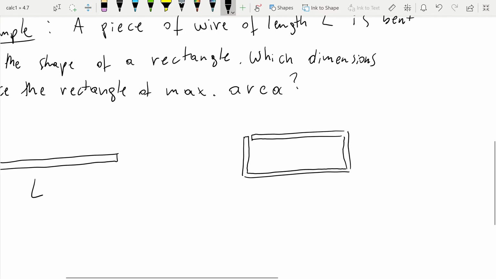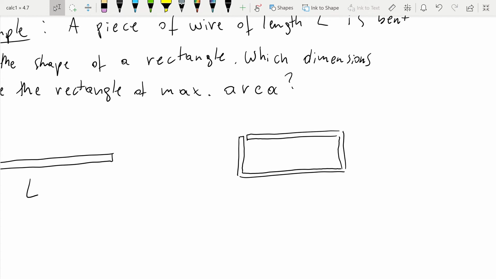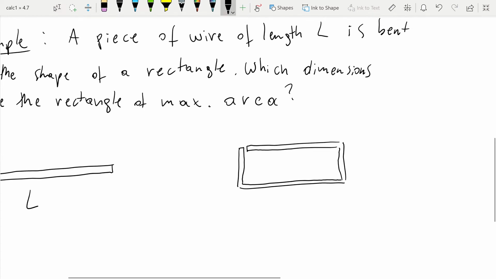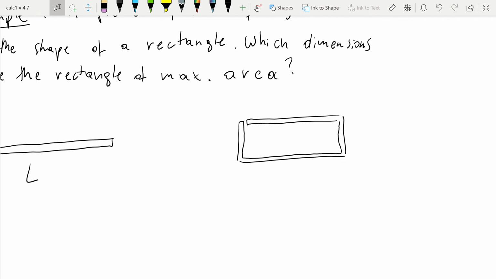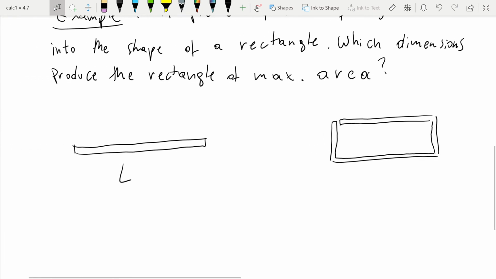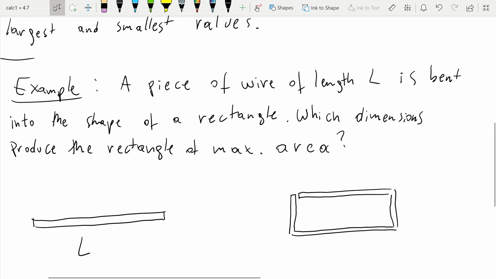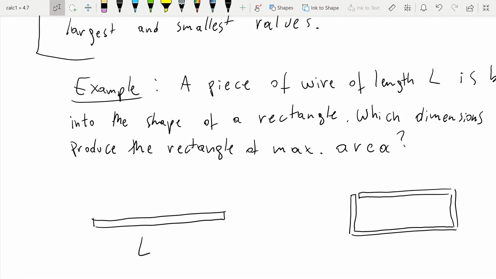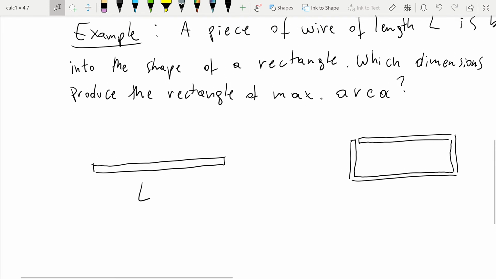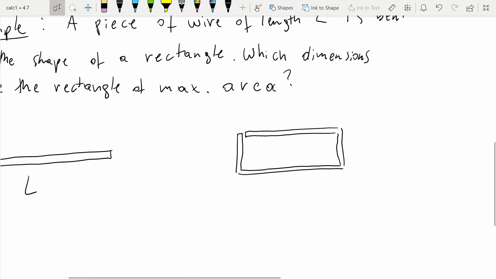So the perimeter of the rectangle will be fixed, and it will be equal to L. One of the reasons to go through this example first is because it highlights the importance of all the points I was making at the beginning. One of them is to identify the function f that we need to maximize, but most importantly is to identify the interval.